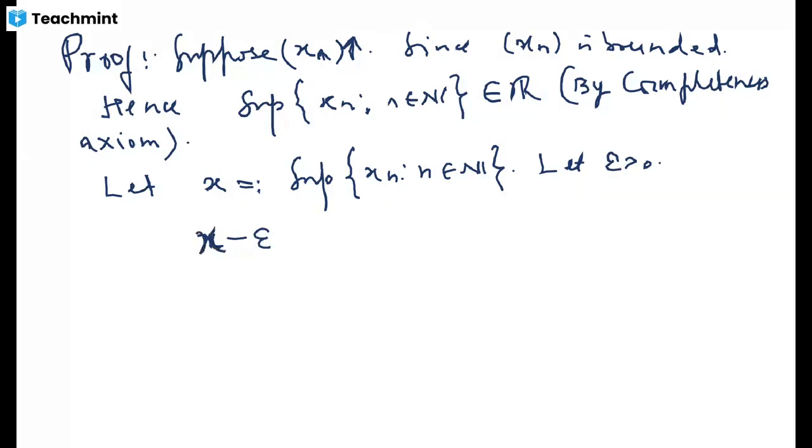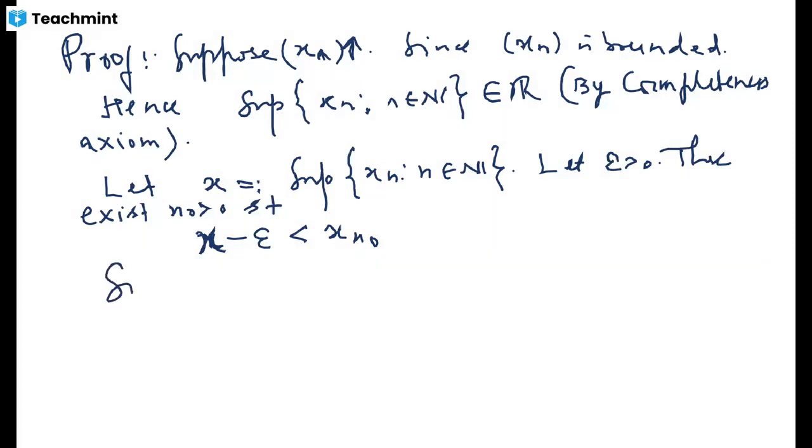If it is not a supremum, it is not an upper bound, and if it is not an upper bound, there will be some element which is greater than x minus epsilon. So for this epsilon, by definition of supremum, there exists some natural number n naught, depending upon epsilon greater than 0, such that x minus epsilon is less than x n naught.